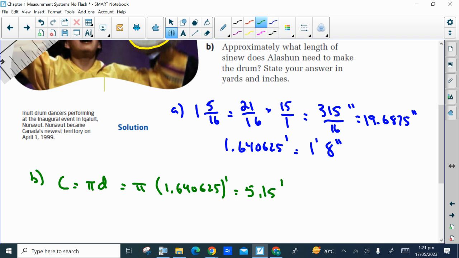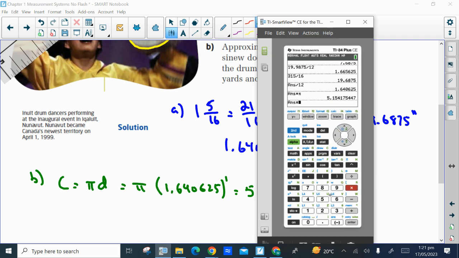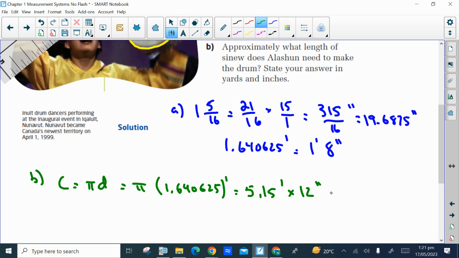Now we are going to have to go back and convert this into inches, because we were told that it takes 3.5 inches of sinew for every inch along the circumference. So we convert this into inches by multiplying by 12. That's how many inches the circumference is. 61.85 inches. And again, that's rounded, but that's okay because we're going to keep that in our calculator.